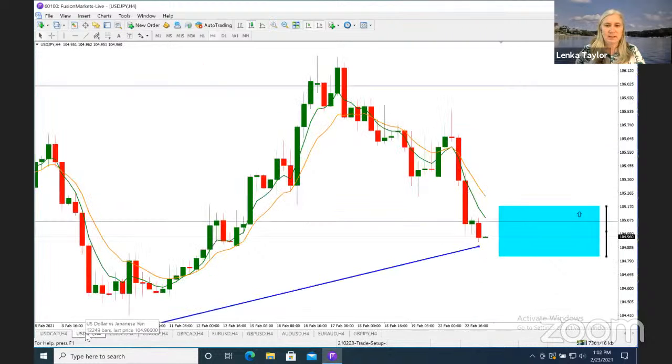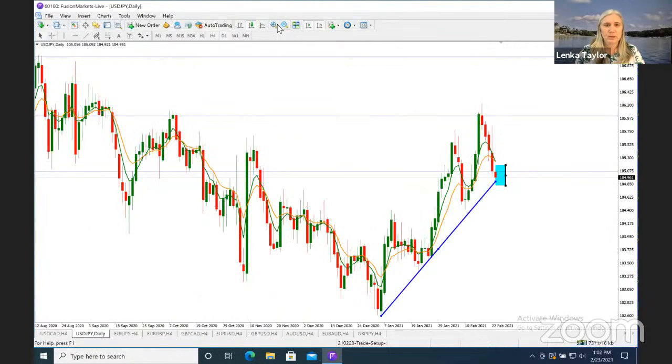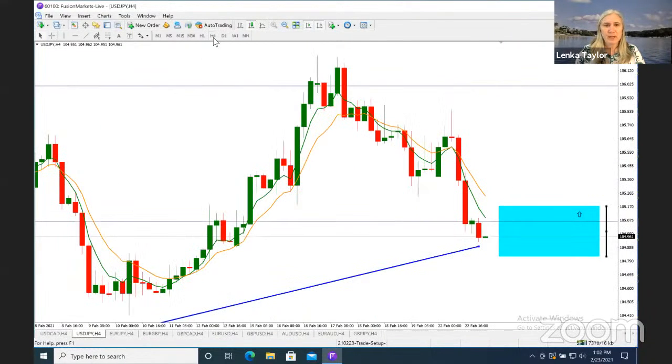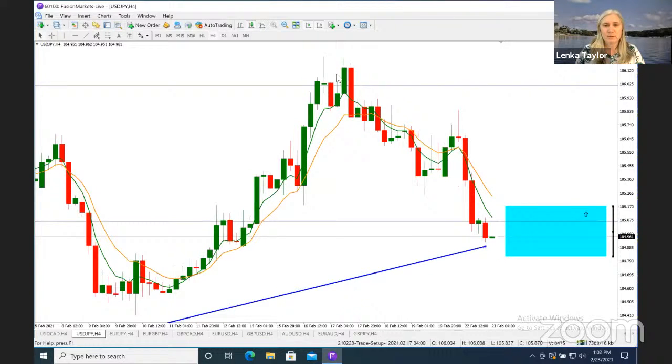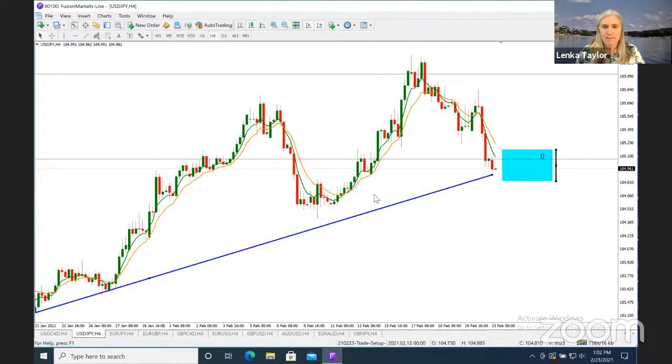USDJPY is my next trade. Next chart that I'm going to have a look at. So on this one, in terms of the direction, I'm looking for a long overall. So for the entry on the H4 time frame, the price has pulled back nicely into this sort of area.